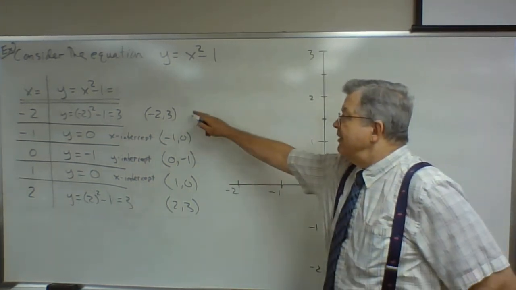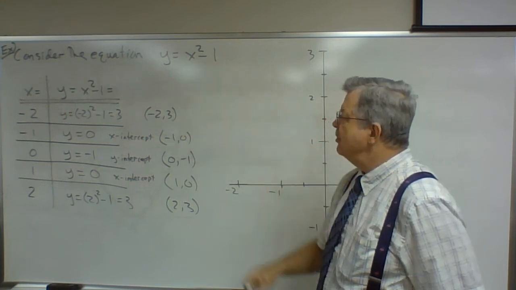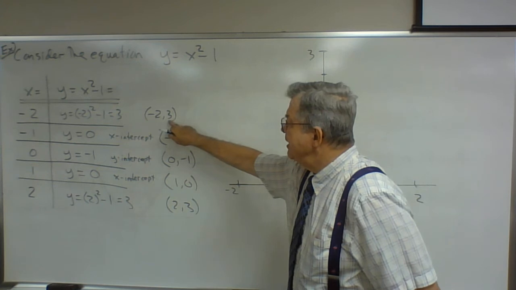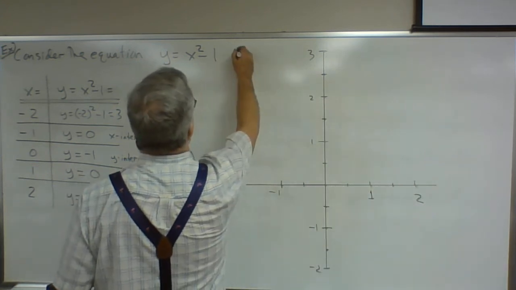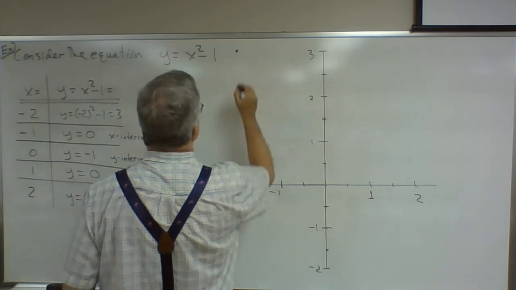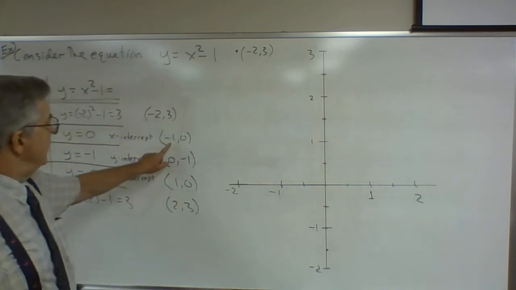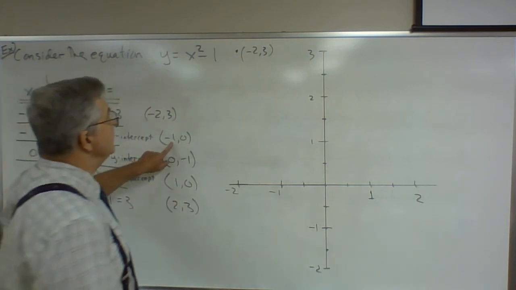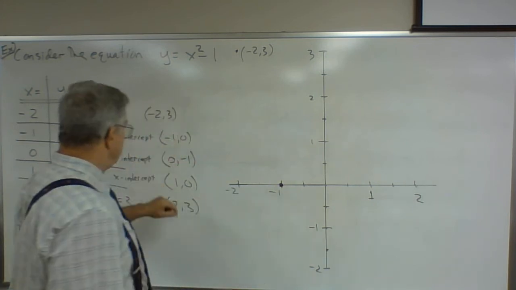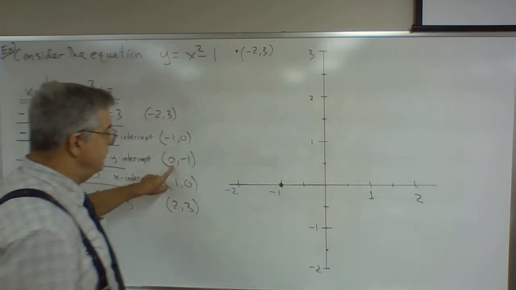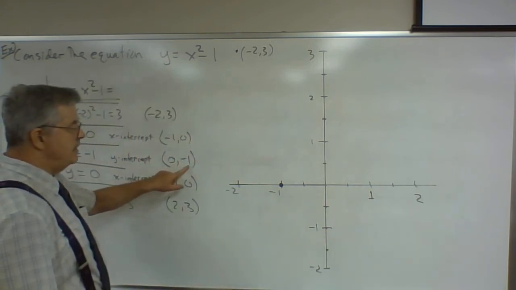Okay, let's graph this equation, y equals x squared minus 1, and plot the points. X equal -2, y equals 3. So that is way the heck up here. X equals -1, y equals 0, so that's right here. X equals 0, y equals -1.